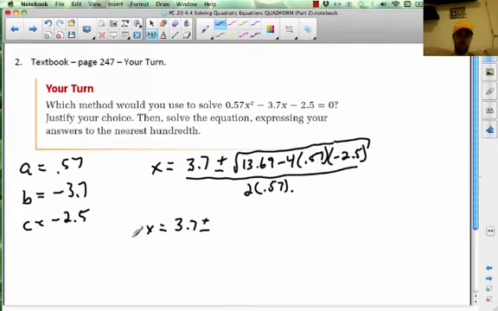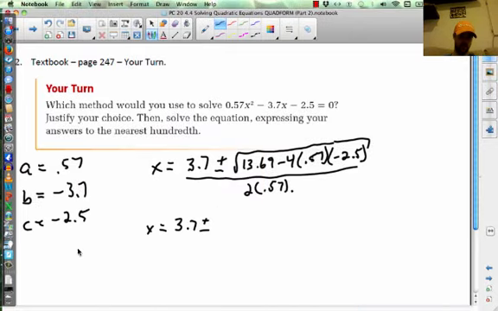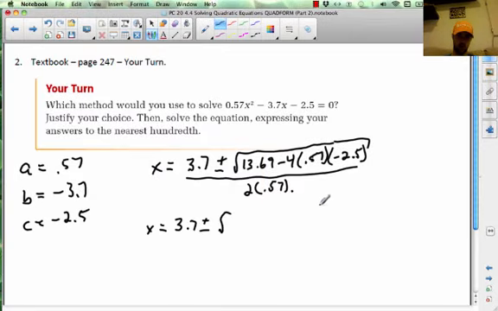Now we need to do some calculations. 0.57 times 2.5 times 4 times 0.57 times 2.5 is 5.7. This is going to end up being 13.69 plus 5.7.